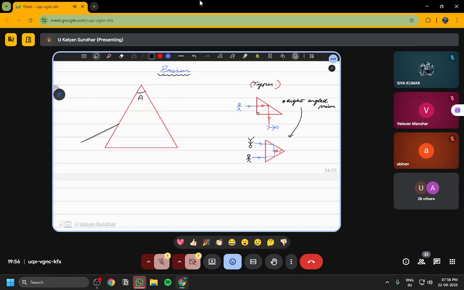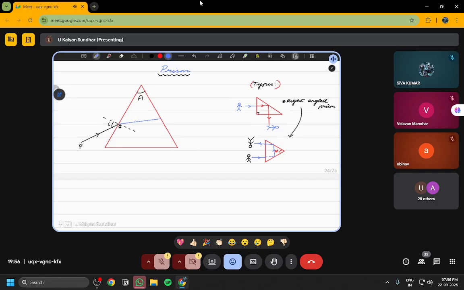Now, let me talk about this prism here. First one is this. On the surface, this is the normal, and this angle is what we call the angle of incidence, in the ray PQ. After the refraction, it will bend towards the normal, so it will go like this.